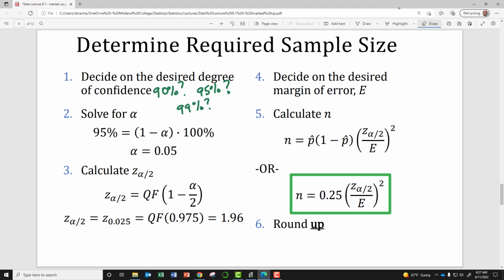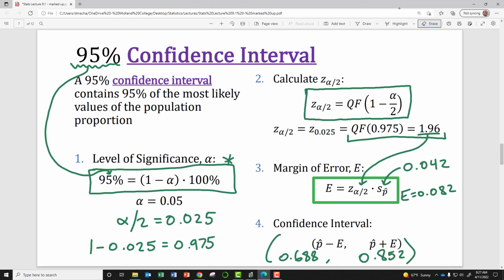If you had 100% confidence, that means your level of significance would have to be 0, because you would want 100% equals 1 minus 0 times 100% over here in step 1. And then for alpha equals 0, you're actually asking about the quantile function for the normal distribution evaluated at just the number 1.